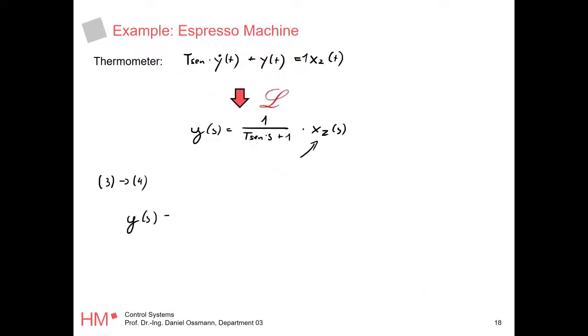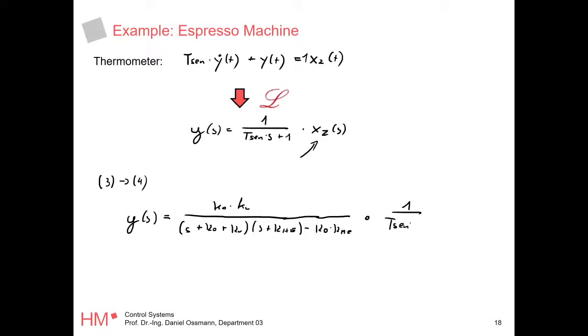And our y of s looks like the following: kappa o times kappa u over, and now this whole thing again, kappa o plus kappa u times s plus kappa heating element. And we had some minus term here, which was kappa o times kappa heating element. And then we simply multiply it with the sensor, 1 over T sensor times s plus 1.